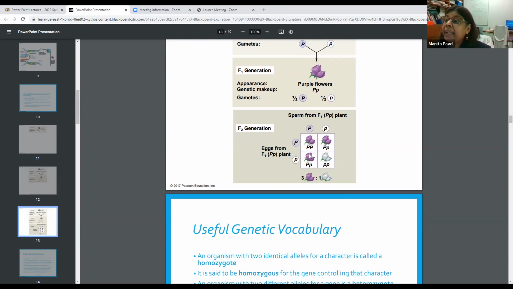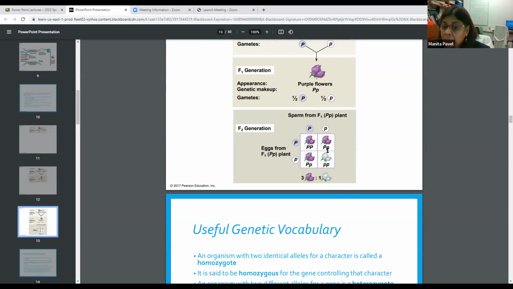So let's underline capital P. So you get one capital P, one capital P, one capital P. So there are 1, 2, 3. But you have one homozygous, so you have 3 purples with 1 white flower.